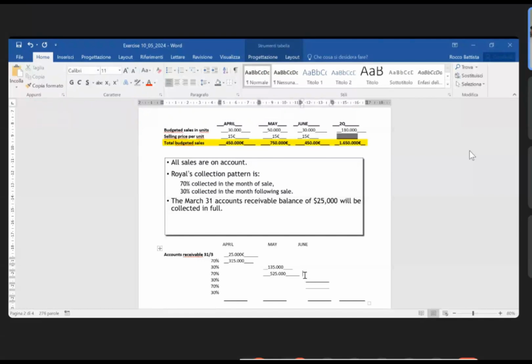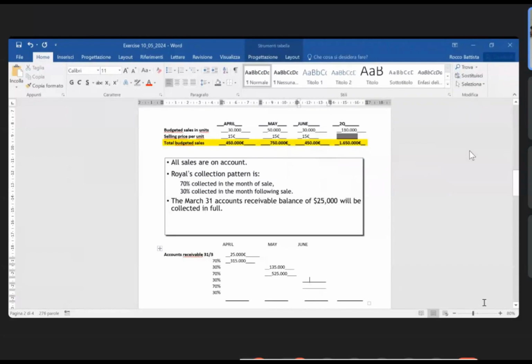Okay, and we know that in June we collect 30% of May and 70% of June.